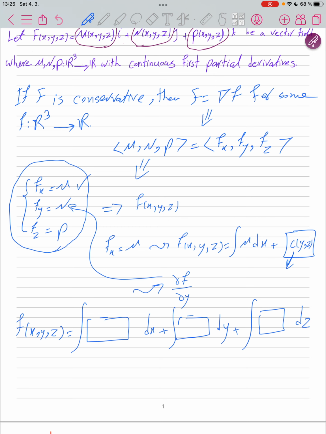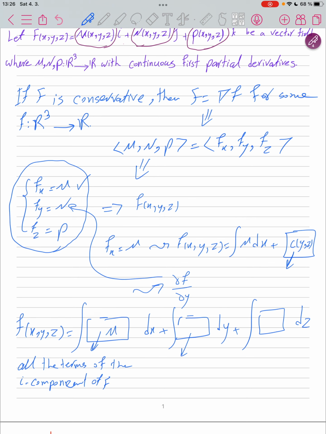Okay, here in this place we put all the terms of the I component of F, right? Just put all the terms of the I component of our vector field. This is going to be M, for example, in this case.